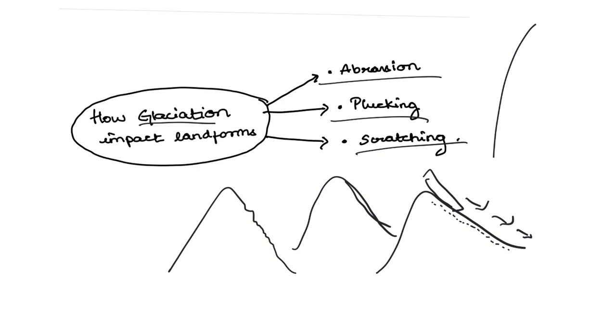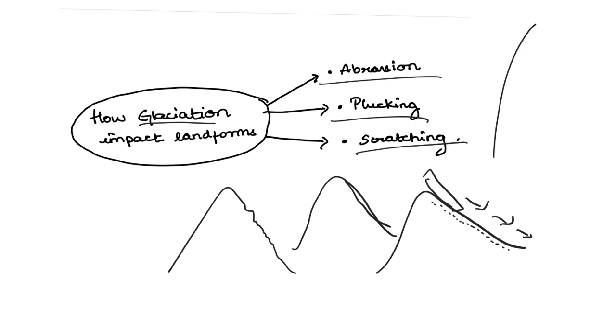Okay, it becomes softer. So that is called abrasion. So in abrasion, when the glacier moves, it picks out the minute sediments with it and thus it causes a soft slope. The slope becomes soft.